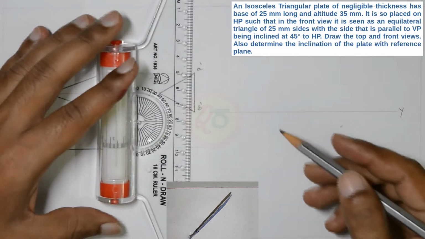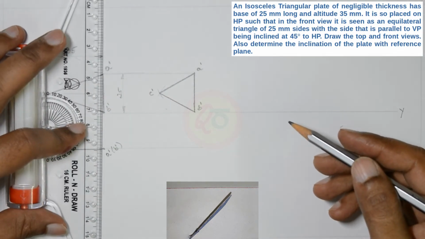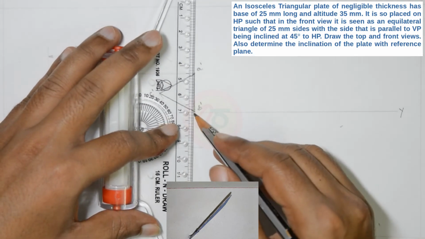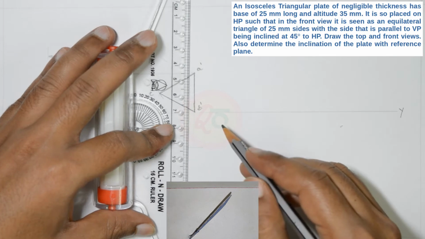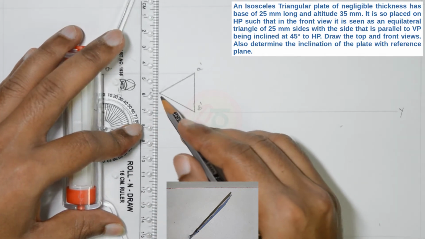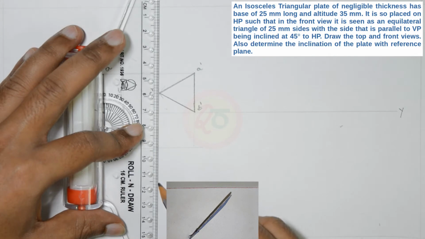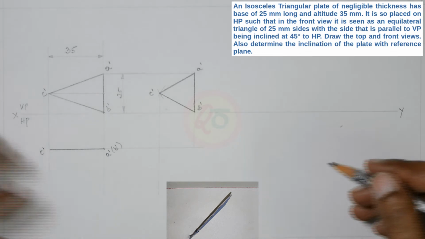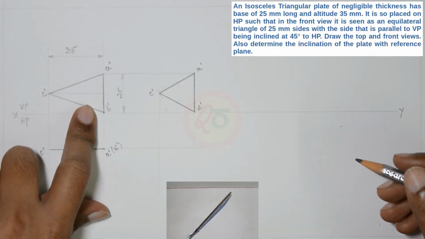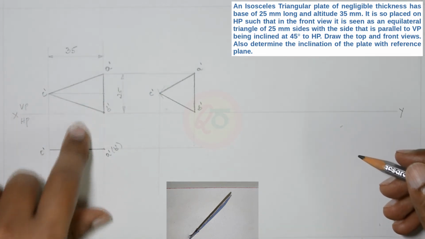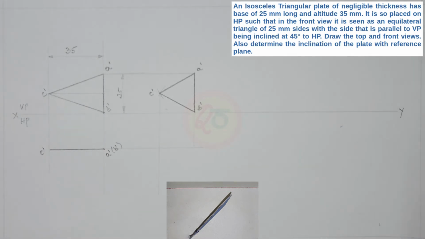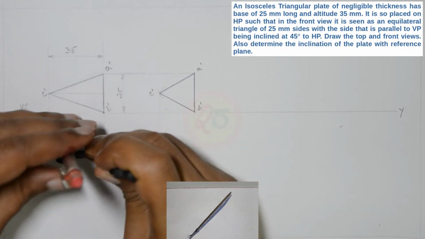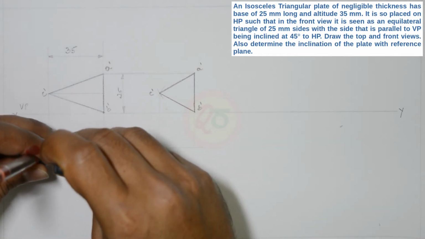And intersect the projection lines from the first position. I'll extend C dash's projection, since B dash, A dash will remain grounded to HP, but C dash will be lifted. Okay. So now I'll measure A dash, B dash and C dash, the length from the first position.